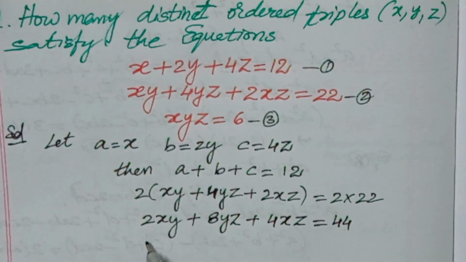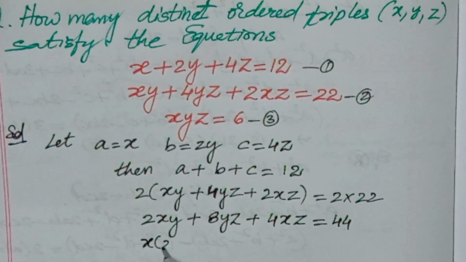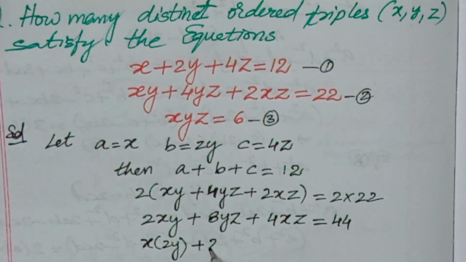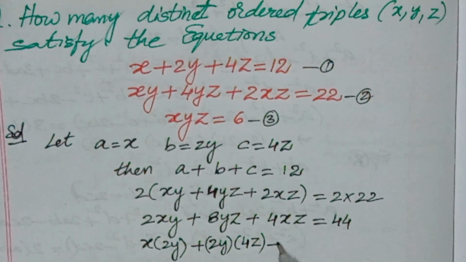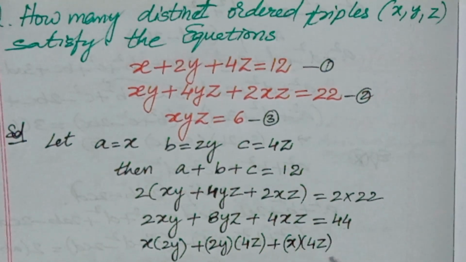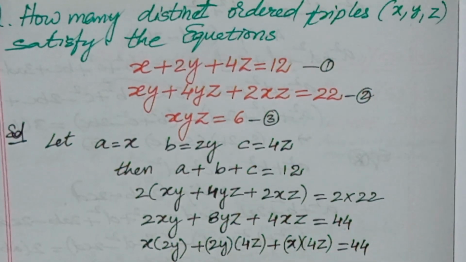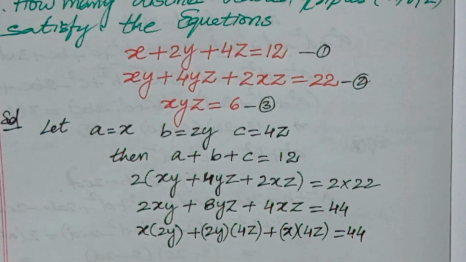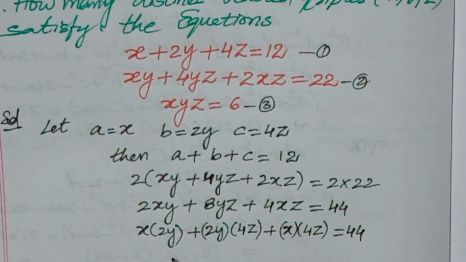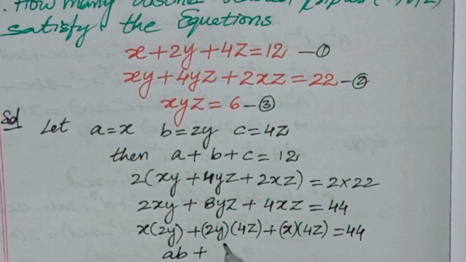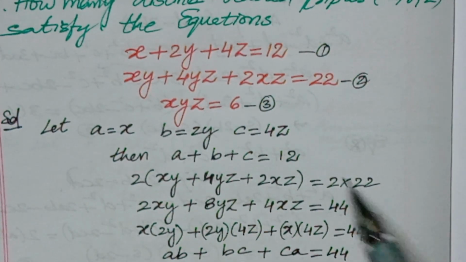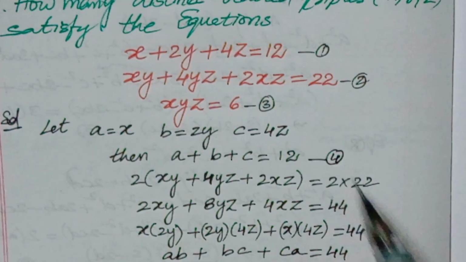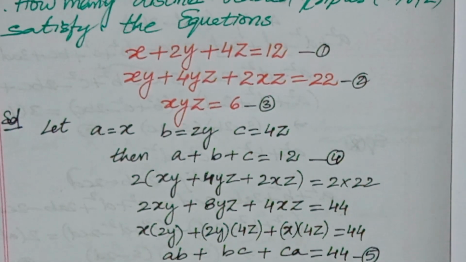So you can write it as x into 2y plus 2y into 4z plus x into 4z is equal to 44. Now the second equation will change, after multiplying, to ab + bc + ca = 44. Let us take this as equation 4 and this as 5.